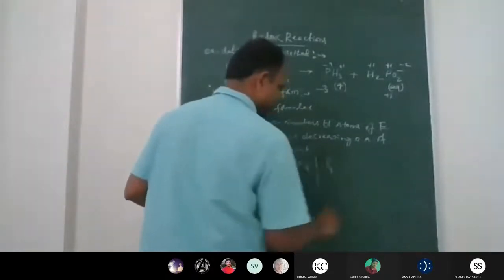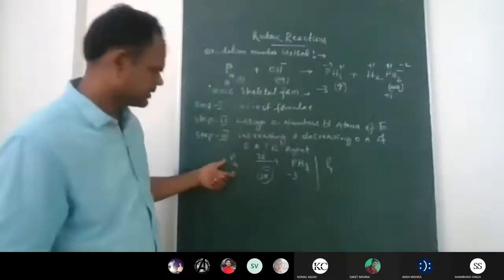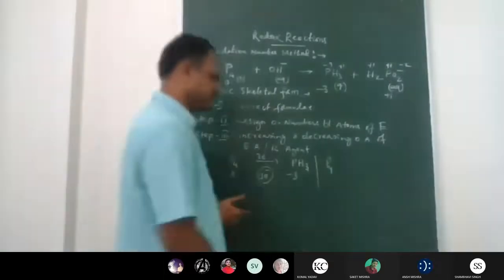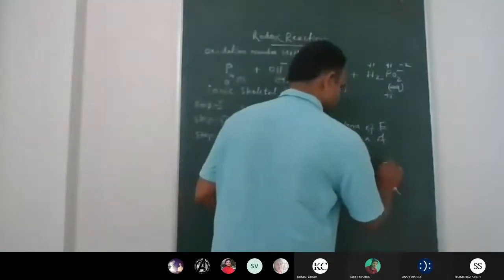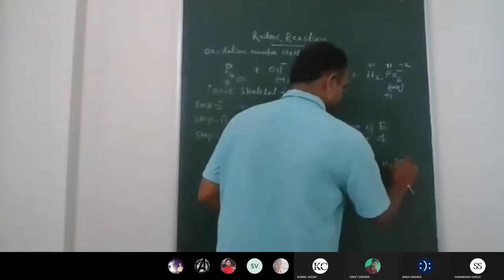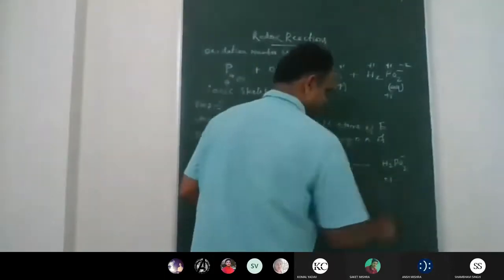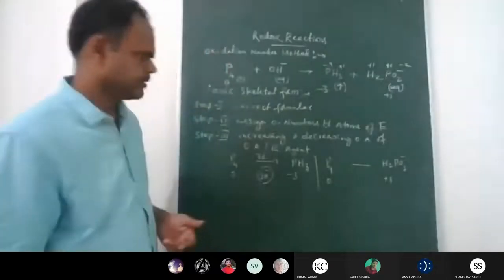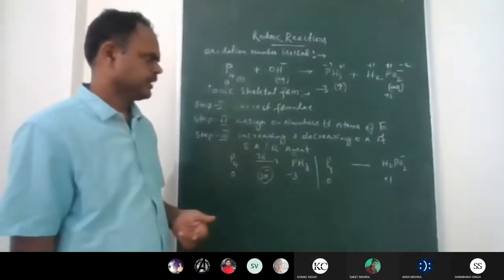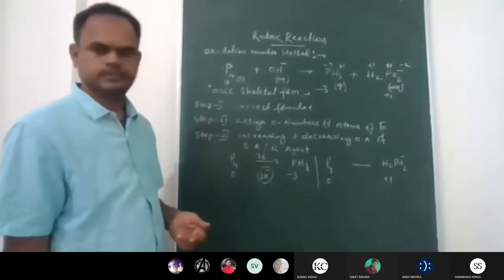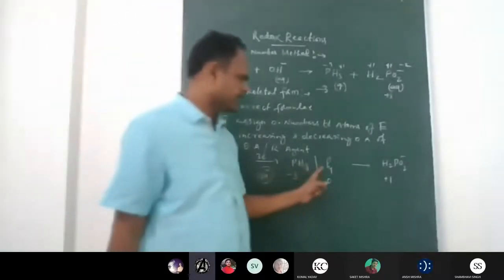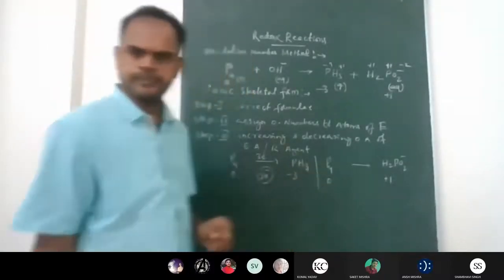And next, out of the phosphorus molecules, some change into H2PO2 minus. Here it is 0, here it is plus 1. How many electrons is the phosphorus losing? 1.